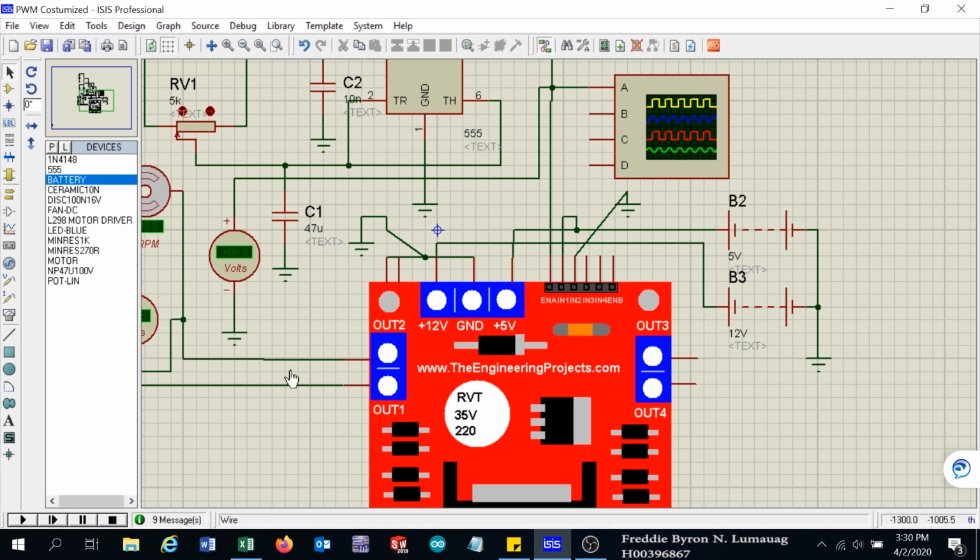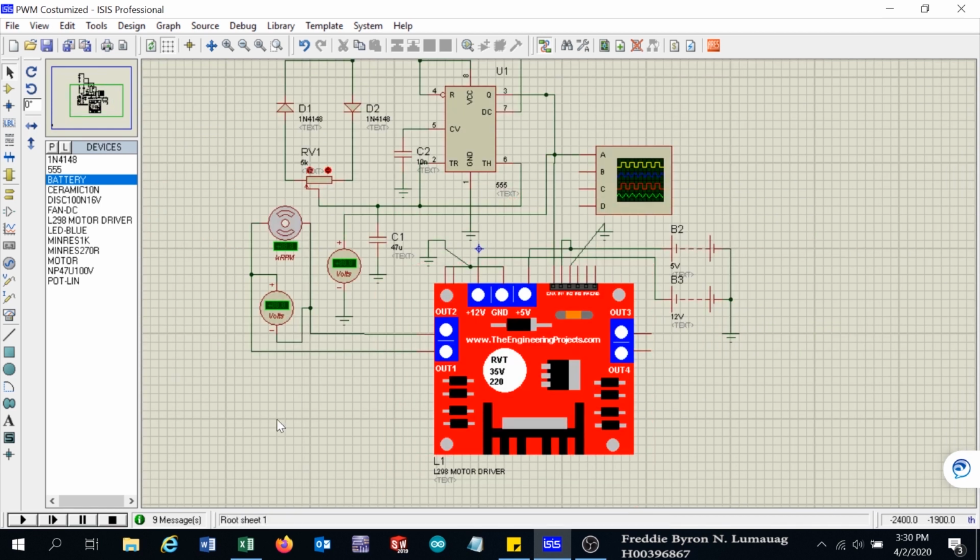We use only one motor, but we can also use two motors at the same time. It depends upon the design of your circuit. Thank you.